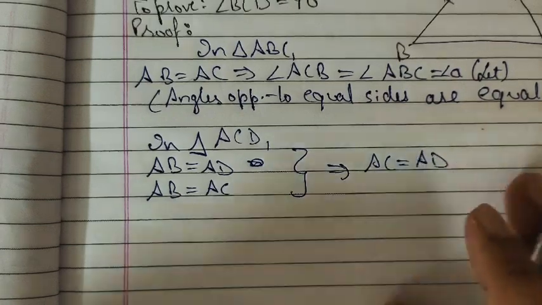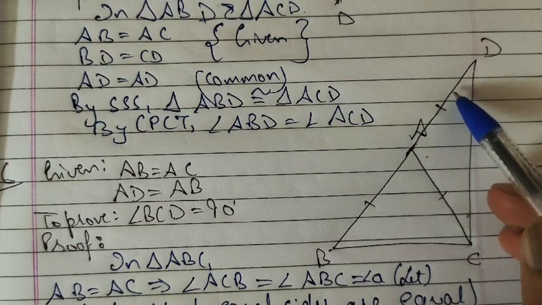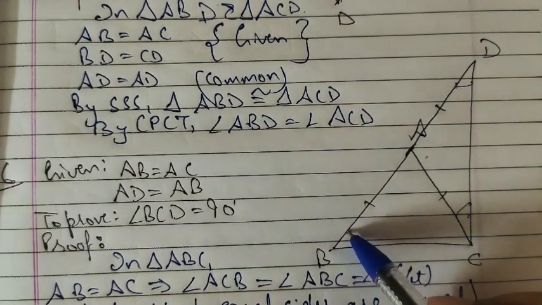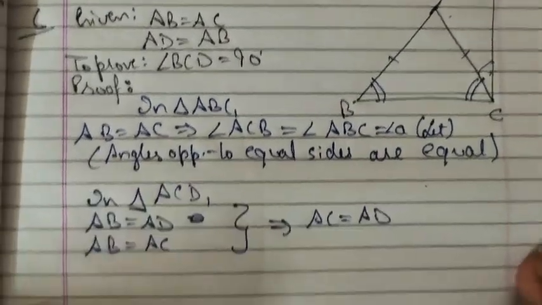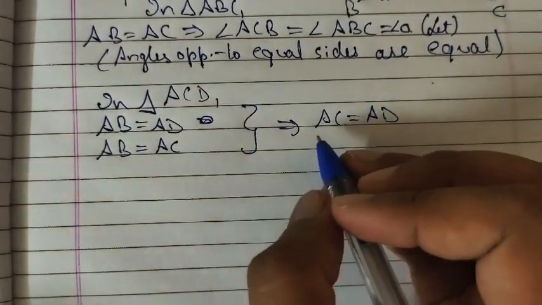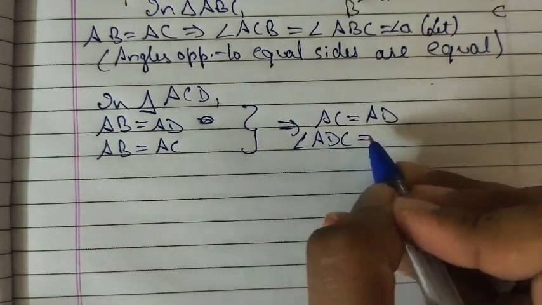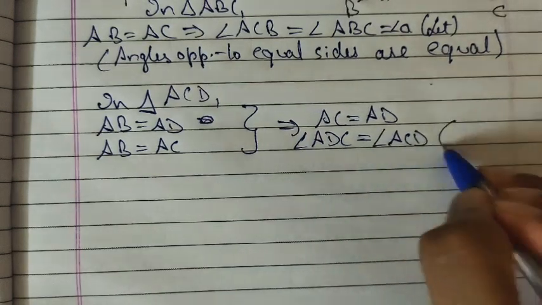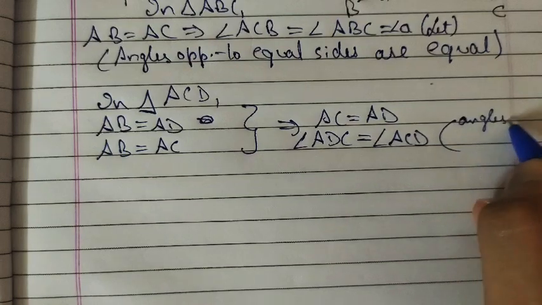So if AC is equal to AD, angles opposite to them will also be equal. So angle opposite to AC is angle ADC, and angle opposite to AD is angle ACD. Reason same, angles opposite to equal sides are equal.